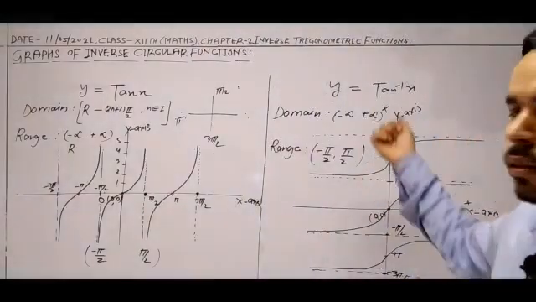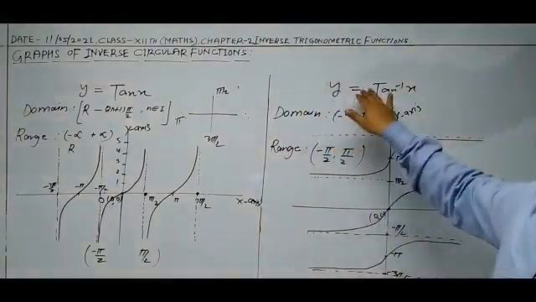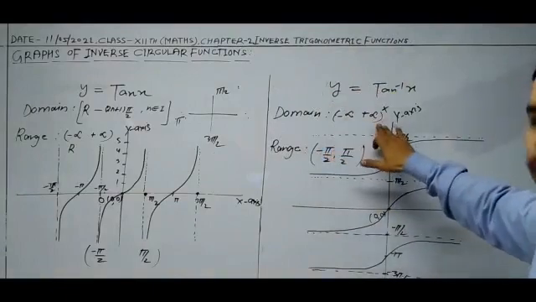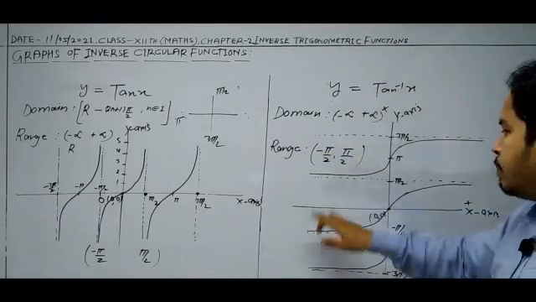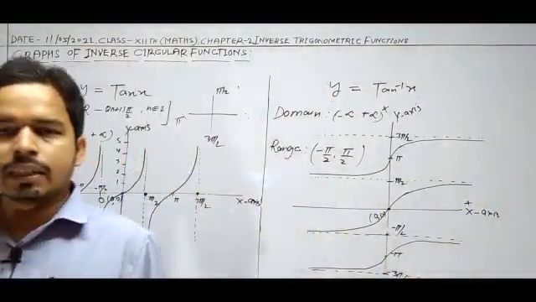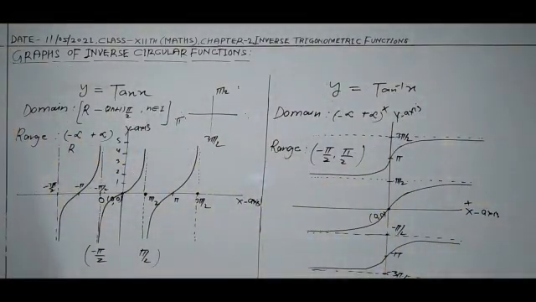So students, this is the graph of y is equal to tan inverse x. Its domain is minus infinity to plus infinity and the range is minus pi by 2 to plus pi by 2. Hence sin x, cos x, tan x and sin inverse x, cos inverse x, tan inverse x, 6 graphs are completed.